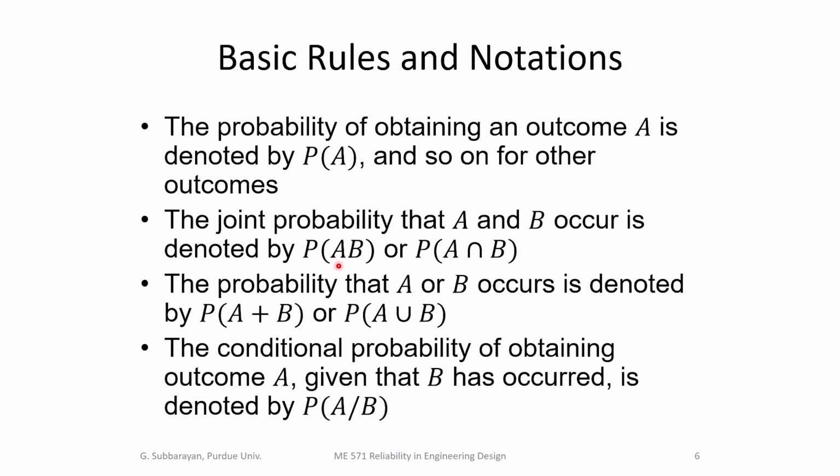In this case they are mutually exclusive, but in general we'll consider 2 events that are not mutually exclusive. So what's the probability that A and B will occur? It's denoted by probability of AB or probability of A intersection B. We will follow in this class as much as possible the set notation.